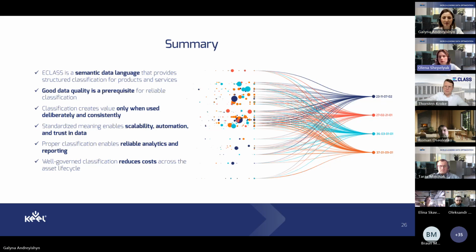Next question is, I think, more for Thorsten. Is it already possible to classify equipment using ECLASS with the help of AI or machine learning tools? What do you think? The brief answer is yes, but now comes a but.